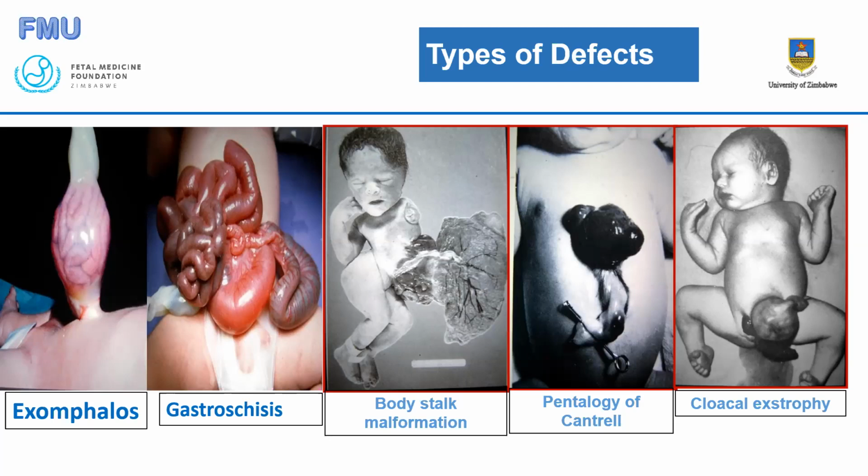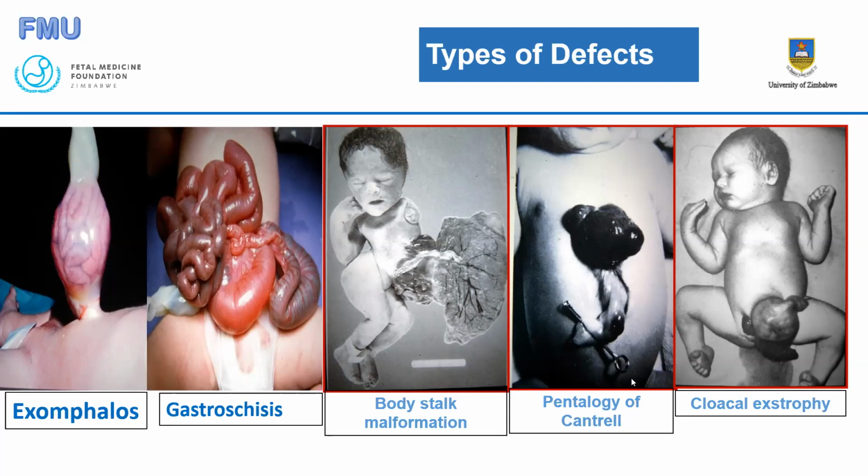These babies normally come with severe deformity of the spine, so they have kyphoscoliosis. They may also have other amniotic band patterns. Remember, this is due to early rupture of the membranes, and it disrupts the anterior abdominal wall. So they may have other features of amniotic band syndrome, such as amputation of the limbs. They may be seen there.